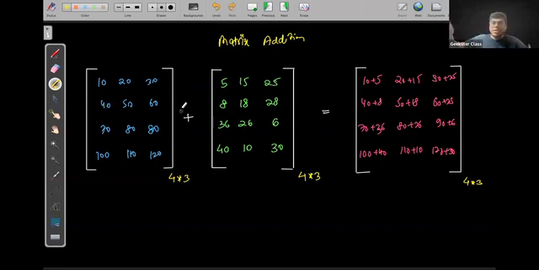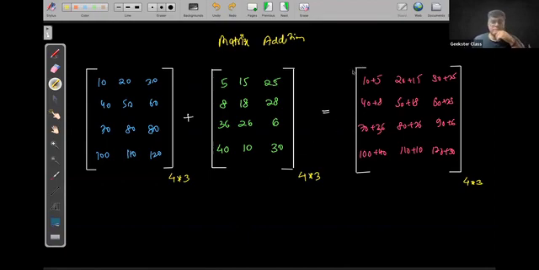Add the corresponding cell of both matrices and store in the same cell. The cell 0,0 will store matrix 1 of 0,0 plus matrix 2 of 0,0. The cell 2,1 will store 2,1 of the first matrix plus 2,1 of the second matrix. Is it clear how addition is performed?